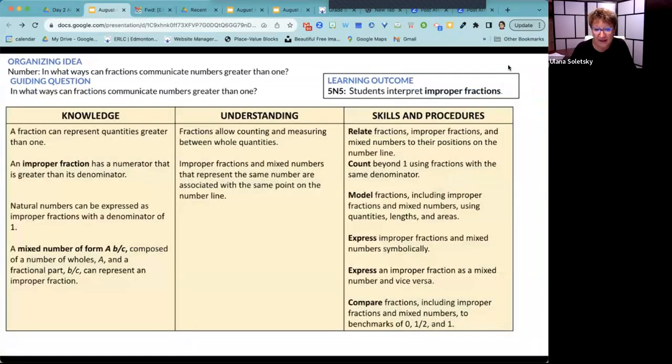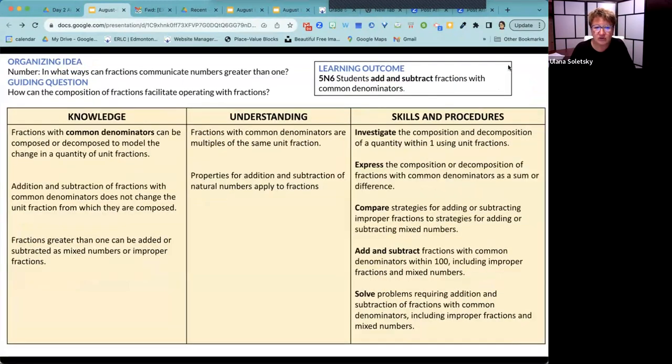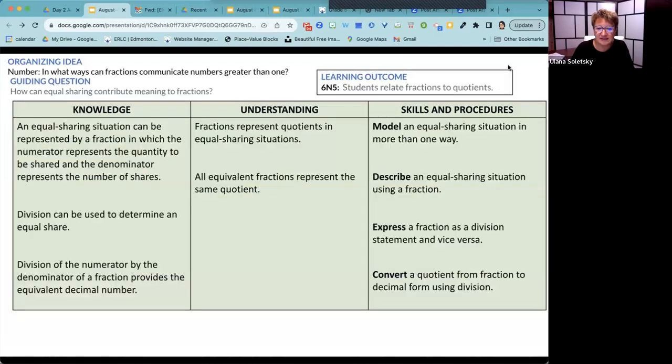So again, interpreting in grade 5, where they're doing improper fractions and they're adding and subtracting fractions with common denominators. And then in grade 6, we're relating fractions to quotients, but something that has to really come out loud and clear is the fact from grade 4, we talk about decimal fractions.